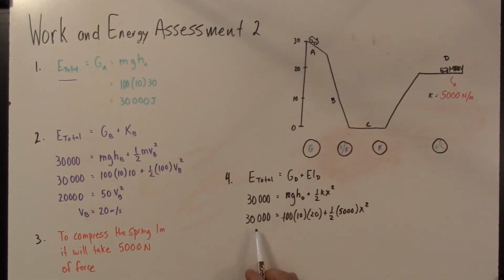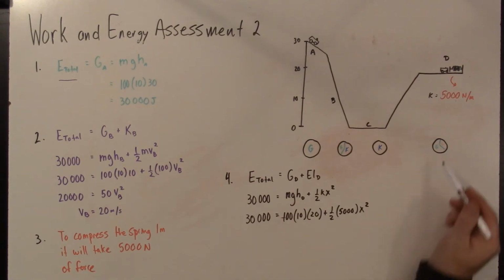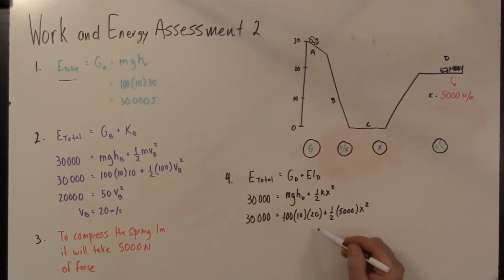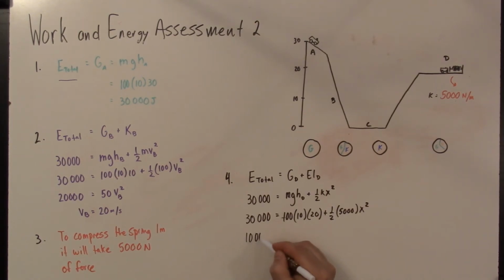Now, again, you could have used the size of the pie chart. The total is 30,000, 2/3 of it is gravitational, that's this, we're left with 1/3 for elastic. So this is 20,000, so 10,000 is the elastic energy. 1/2 of 5,000 is 2,500.